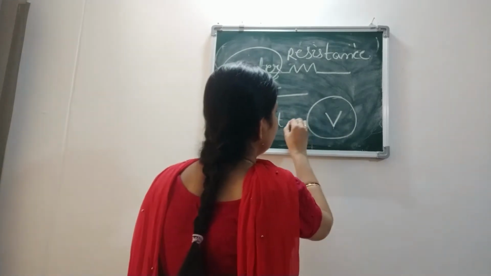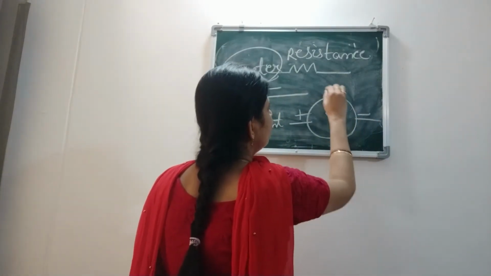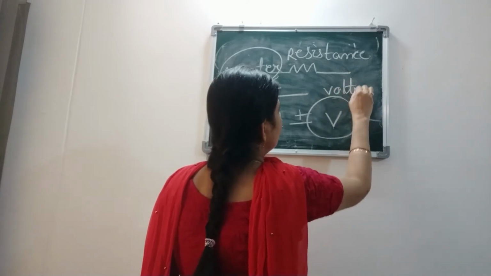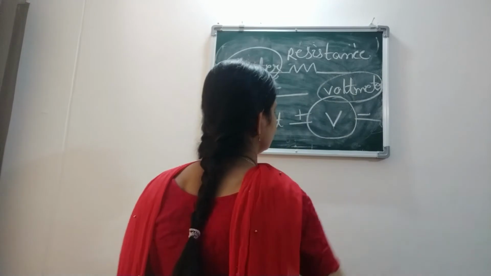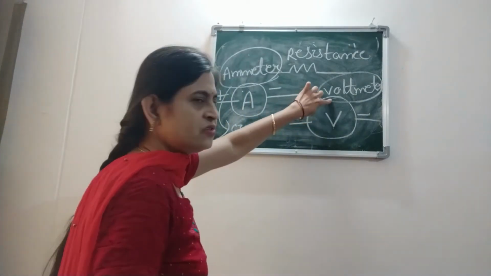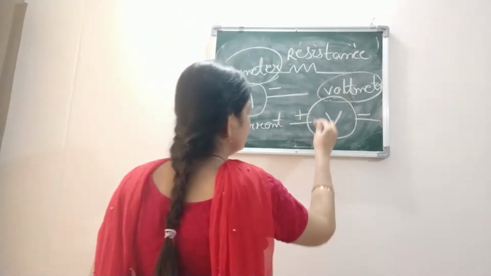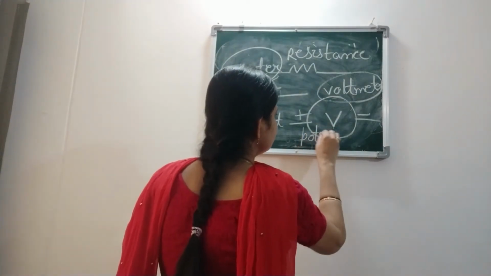And V means your voltmeter, that is also a type of instrument which is used to measure the potential difference.